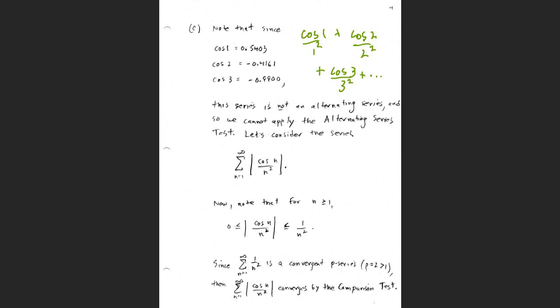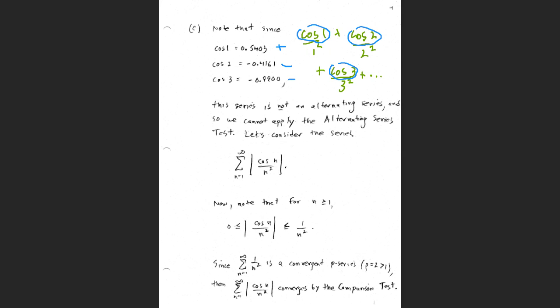So the denominator is always positive, and it's the numerators that determine the sign of the terms. The cosine of 1 is 0.5403, so the first term is positive. The cosine of 2 is negative 0.4161, so the second term is negative. But the cosine of 3 is negative 0.990, which is also negative.